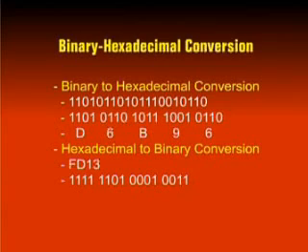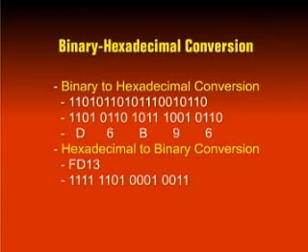So considering the binary number 110 1011 0101 1100 1011 01, it is broken up into 5 groups of 4 binary bits. The conversion is very simple.